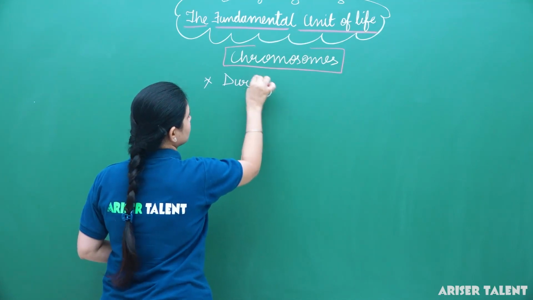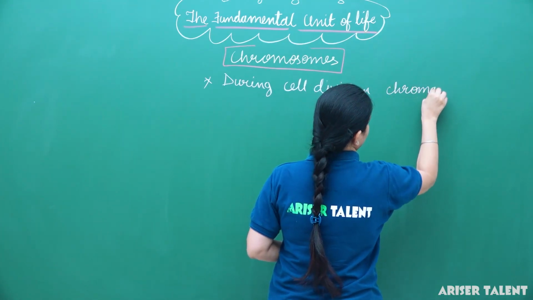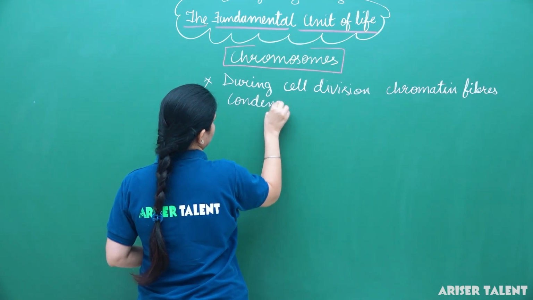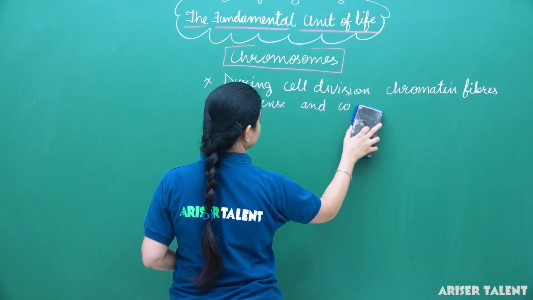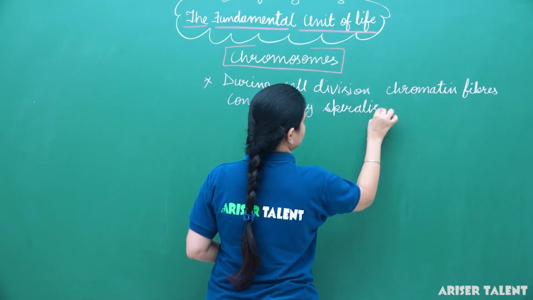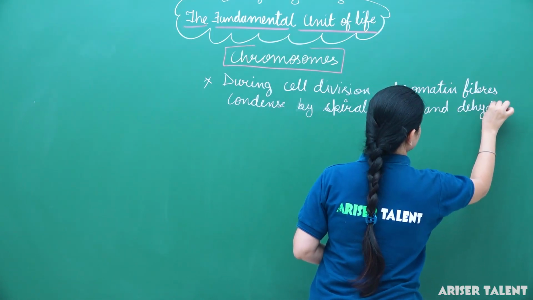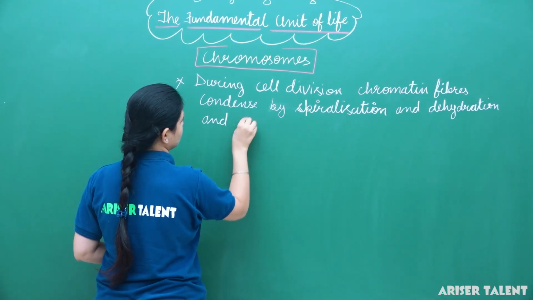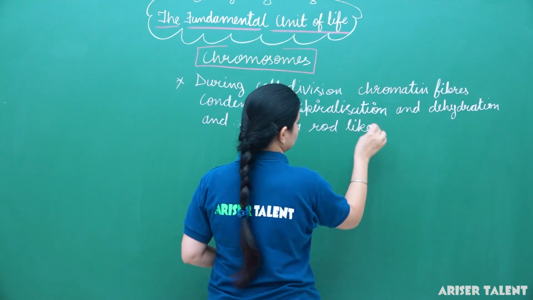During cell division, chromatin fibers condense, condensed by spiralization and dehydration, and form rod-like structures.